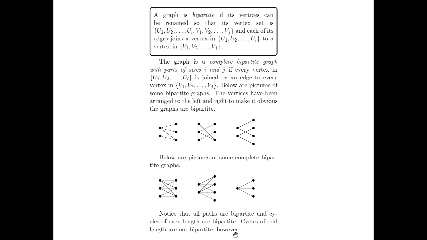Same sort of thing goes for other even cycles. Odd cycles are not bipartite, and we're going to talk about that in a minute. So, roughly speaking, a graph is bipartite if we can divide its vertices into left and right parts, so there are no edges on the left and no edges on the right.